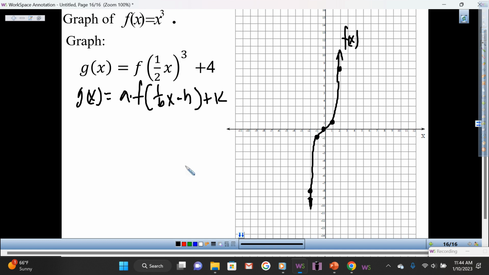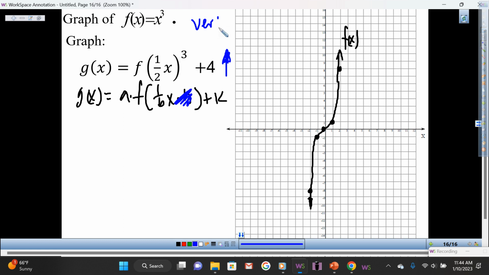So, by looking at it, where are we going to move this to, Dylan? Up 4. And if you notice, there's no h, so I cross this out, which means what?